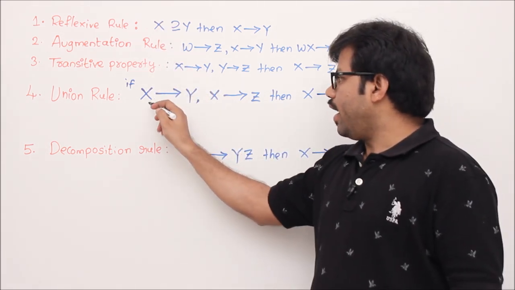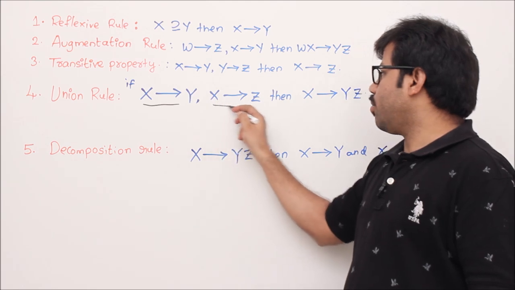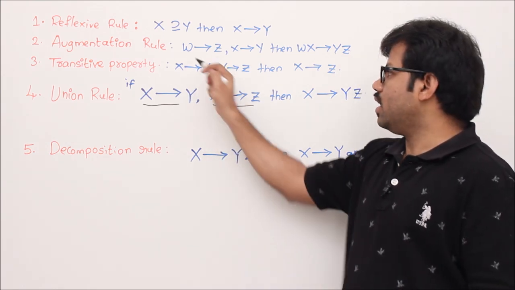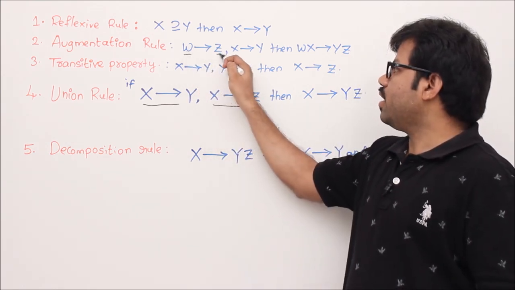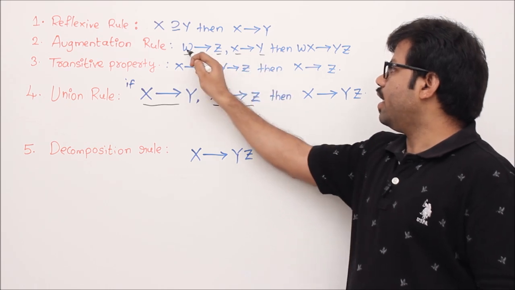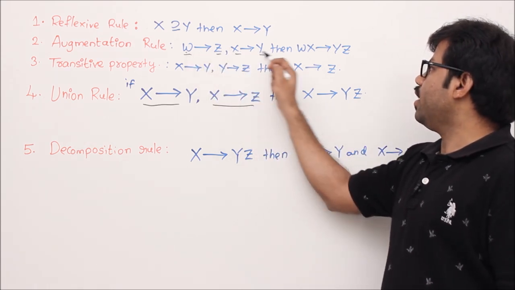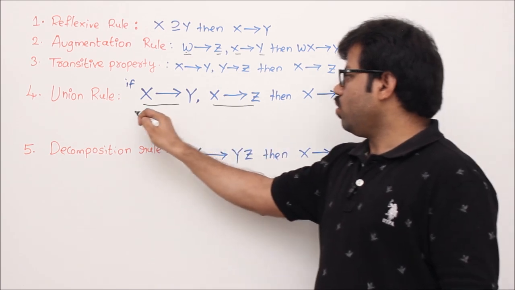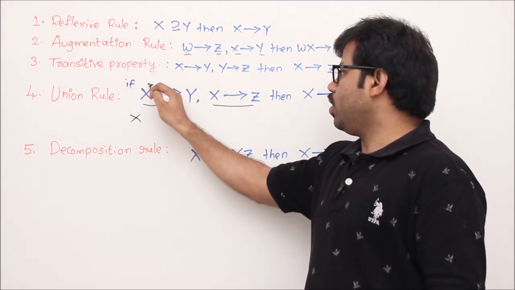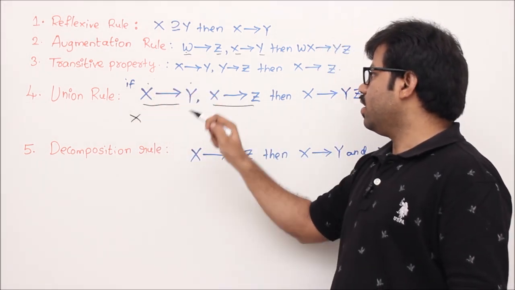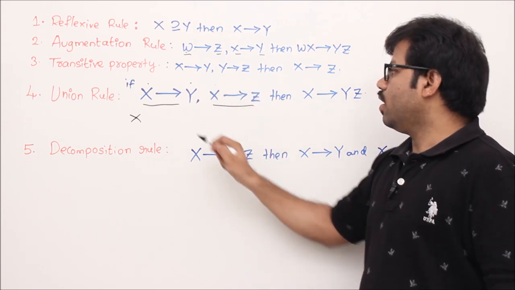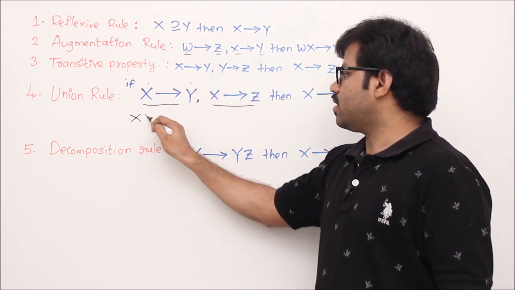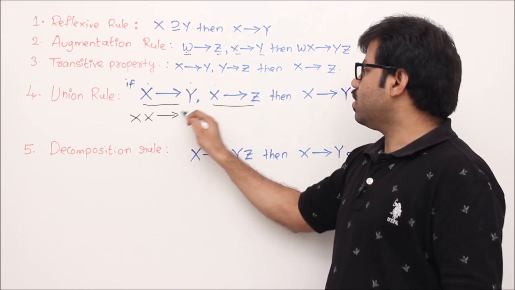So we know that X determines Y and X determines Z. According to the augmentation rule, if W determines Z and X determines Y, then WX together determines YZ. Here also I apply that. W, this one is Z, this is X, this is Y. WX, that means XX determines YZ.